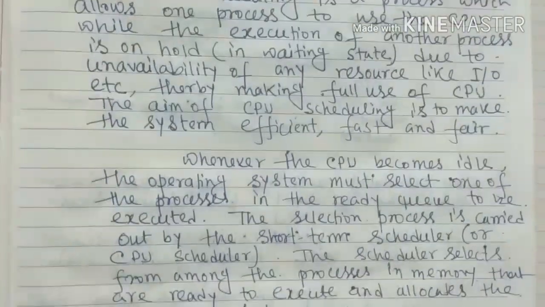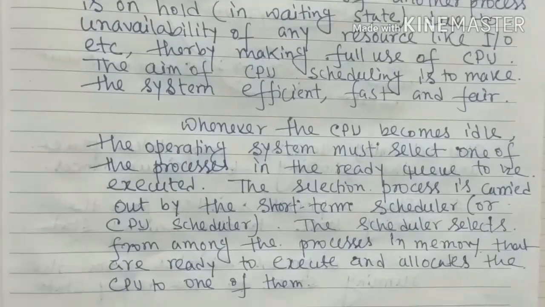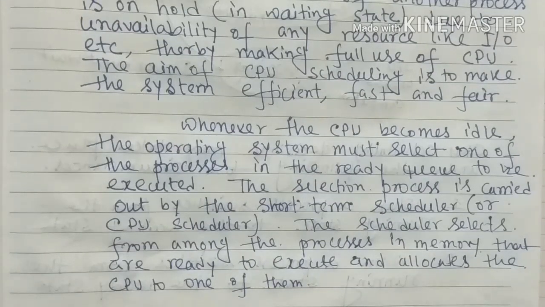Whenever the CPU becomes idle, the operating system must select one of the processes in the ready queue to be executed. The selection process is carried out by the short-term scheduler or CPU scheduler. The scheduler selects from among the processes in memory that are ready to execute and allocates the CPU to one of them.